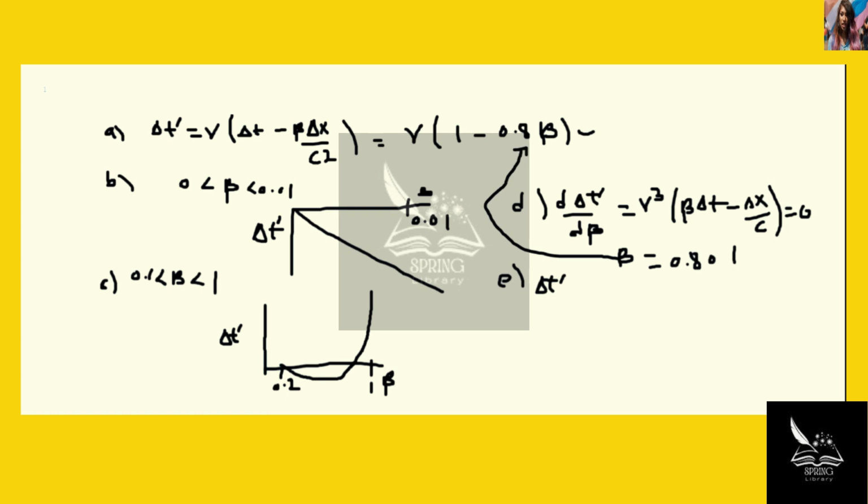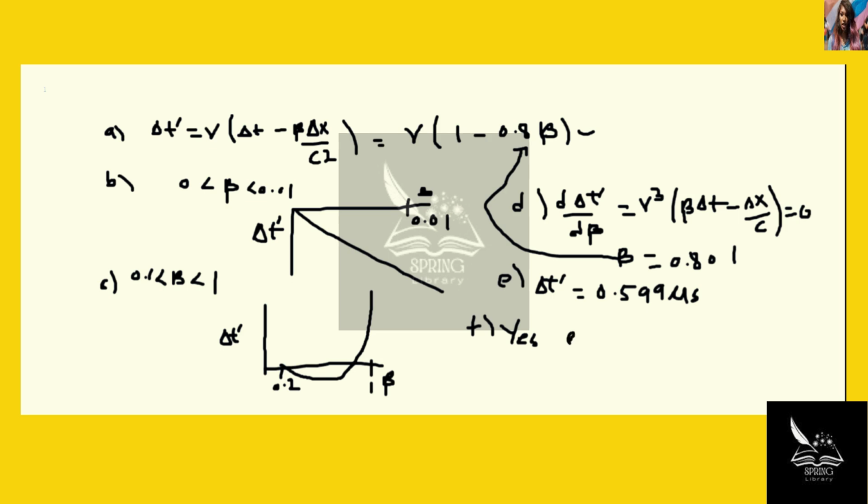Then our delta t dash will become 0.59999 microseconds. Part F, yes. The events will affect each other because the speed is less than the speed of light.